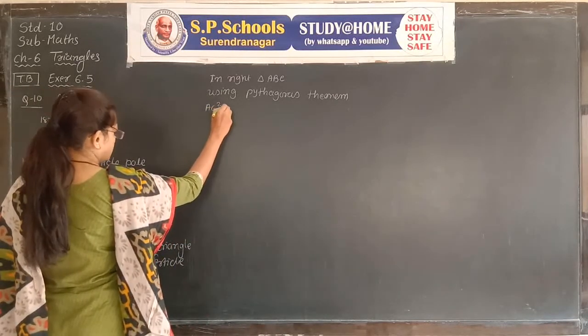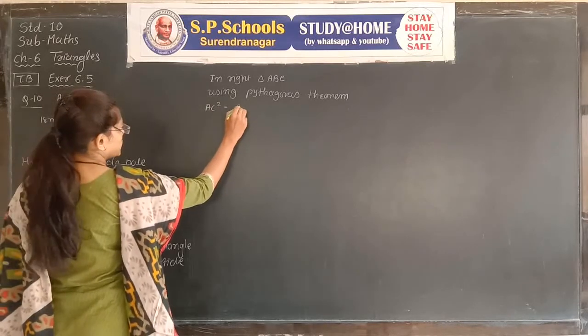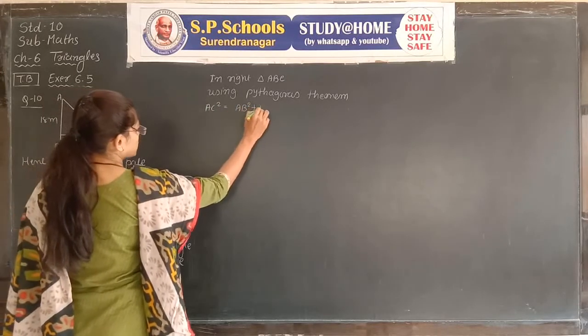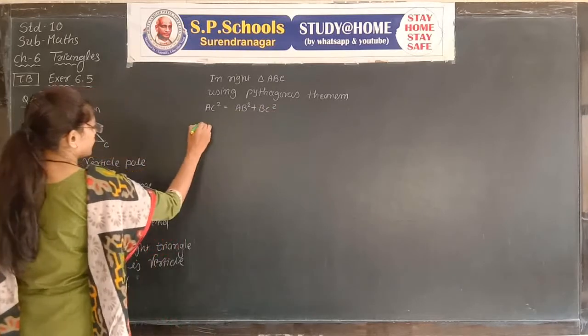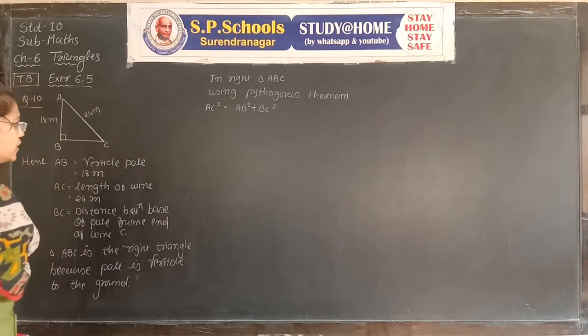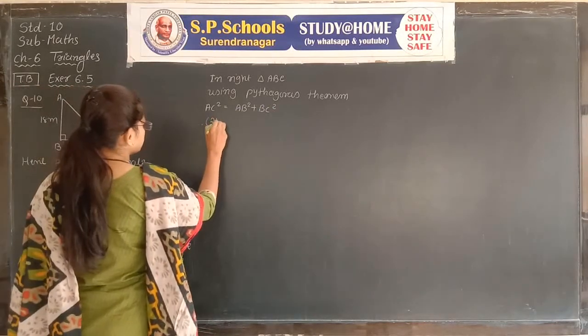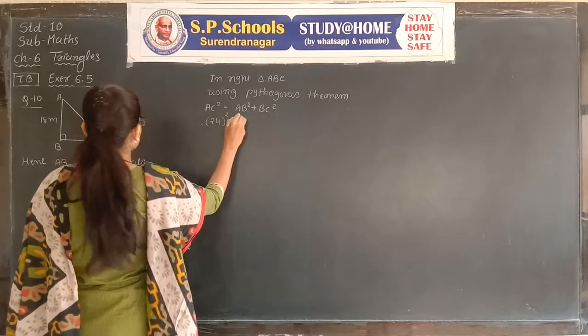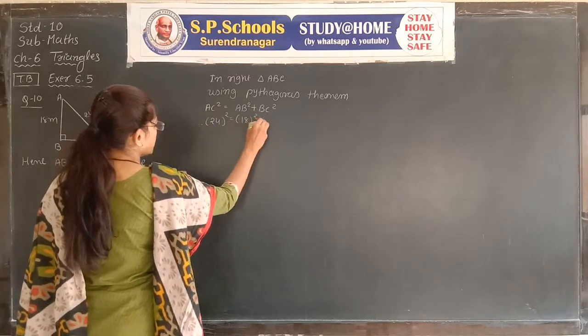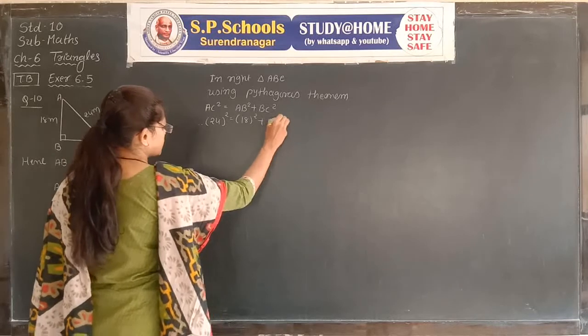AC square is equal to AB square plus BC square. As we know, AC is equal to 24, AB is 18, and BC square remains as it is.